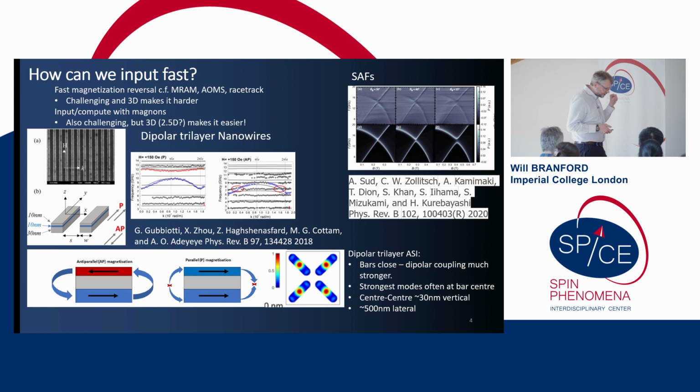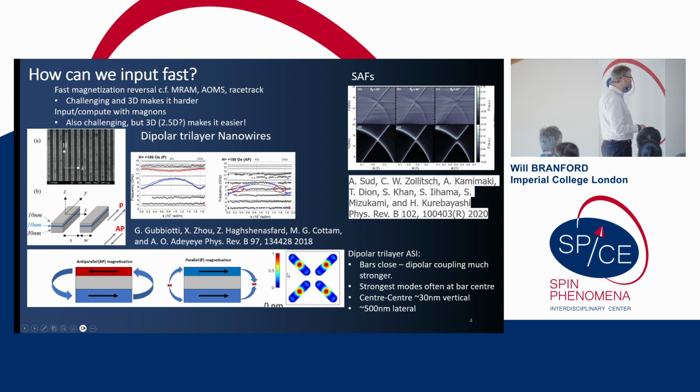And so really the thing that is most attractive to us about going to this 3D structure is that very often, if you look at the spatial distribution of where your magnon modes are, for example, here, this is a heat map of the magnon power, and in this particular mode, which is typical of the strong modes that you get, you can see that the action is really localized in the center of the bar.